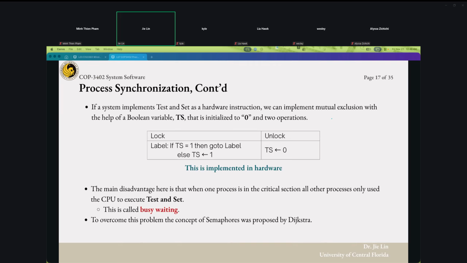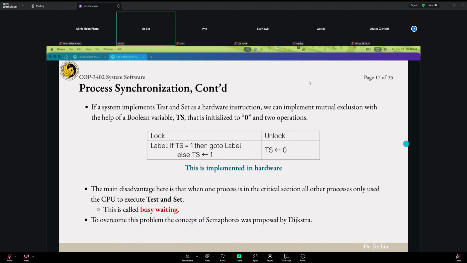Now, practically implementing these lock and unlock operations is done with a hardware instruction, that is test and set. This involves a special Boolean variable, here denoted as TS. Boolean means 0 or 1, and it is initially set to 0. The lock operation continuously checks the TS.